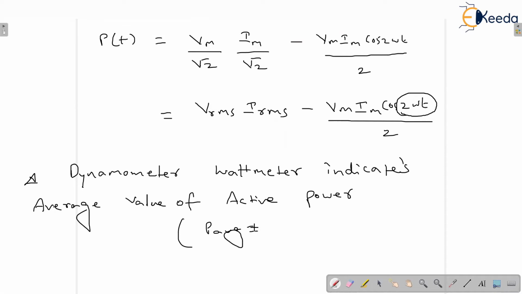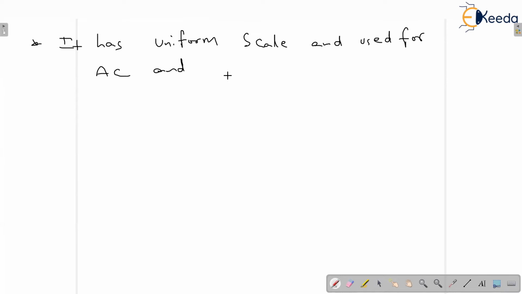Therefore, P average is equal to Vrms Irms cos phi. Then next, it has a uniform scale and is used for AC and DC.